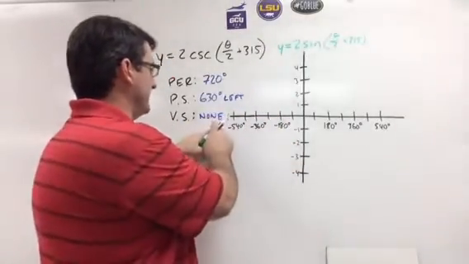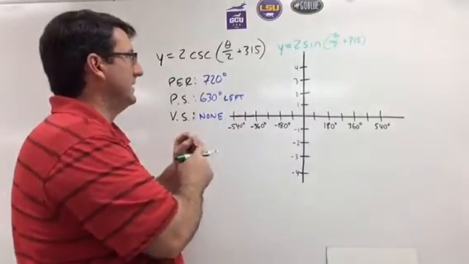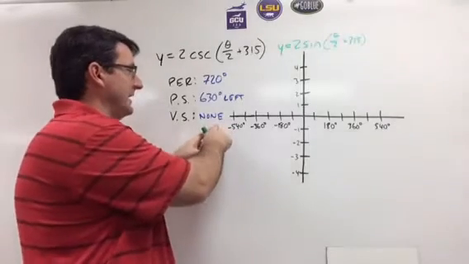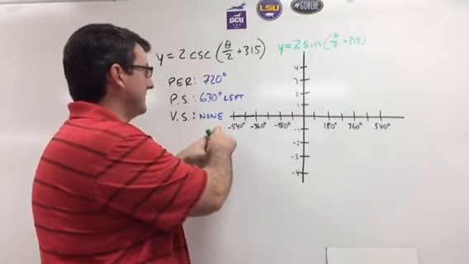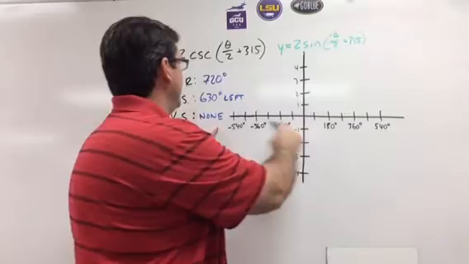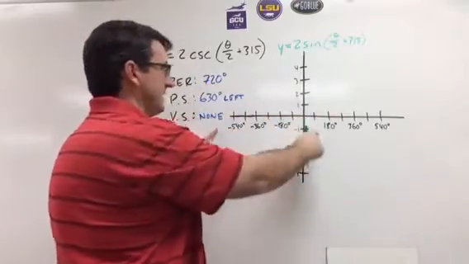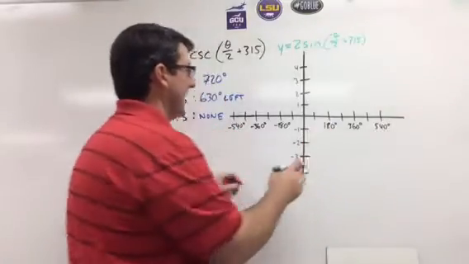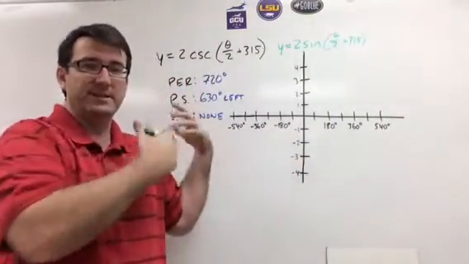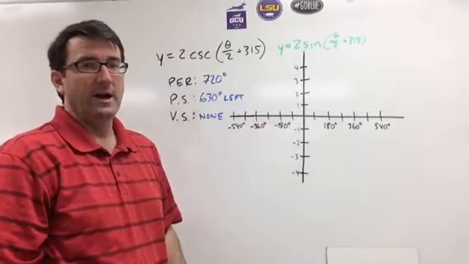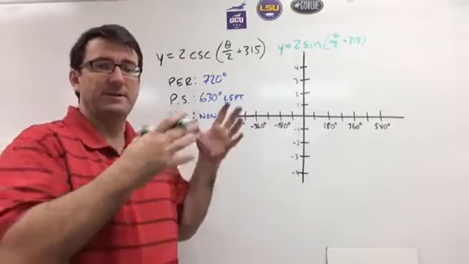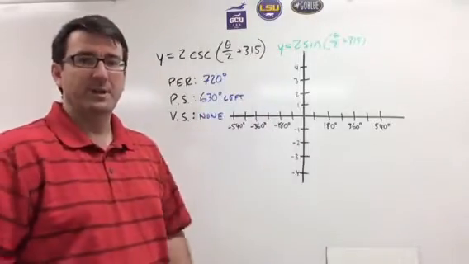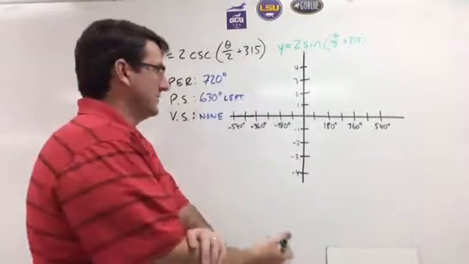If it was going to be on the midline at negative 630, it's going to be on the midline one period later at negative 630 plus 720, which is just 90. In other words, shifting 630 degrees to the left is the same as shifting 90 degrees to the right. Since it's exactly the same every 720 degrees.